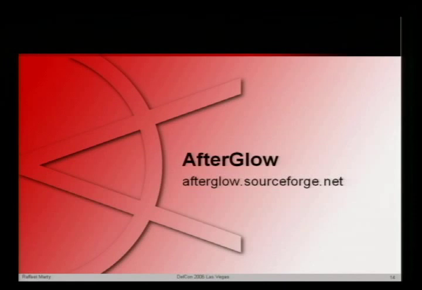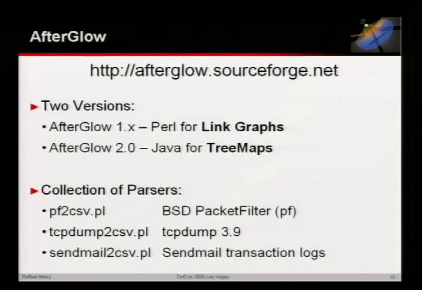Now, let's switch over to Afterglow, which you will find either on the CD or on SourceForge. There are two versions right now. It's a little confusing, and I apologize for that. There's basically a version 1.x. Currently, the one on the CD is 1.56, and it's basically a Perl script that generates link graphs.